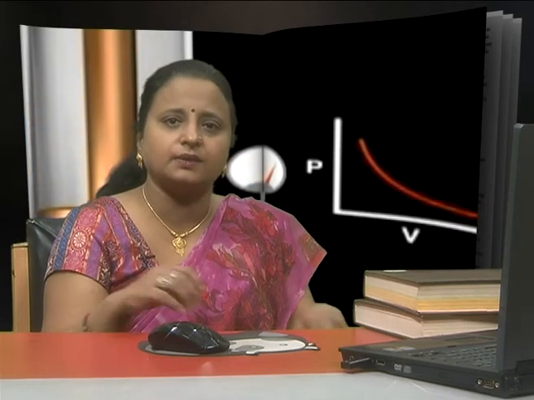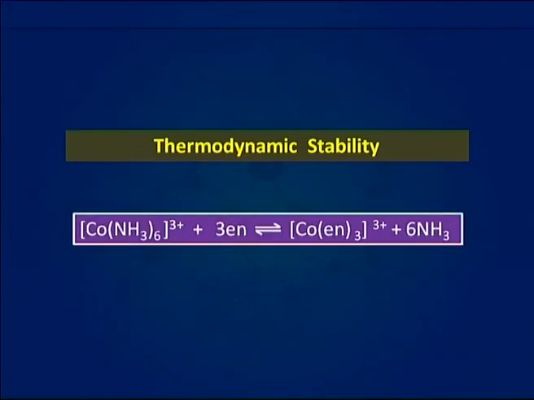Therefore, when the reaction goes to the right, there is an increase in entropy, that is, ΔS is positive. At the same time, the reaction involves very little change of internal energy U or enthalpy H, because the bonds are similar, that is, all consist of a nitrogen atom coordinated to a cobalt atom.